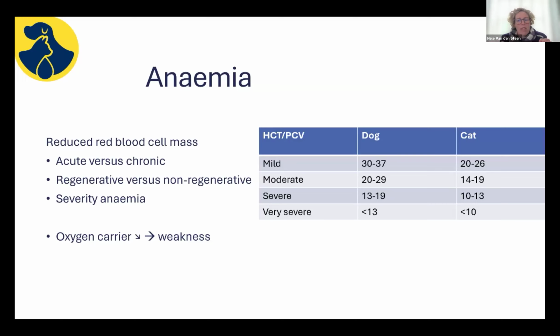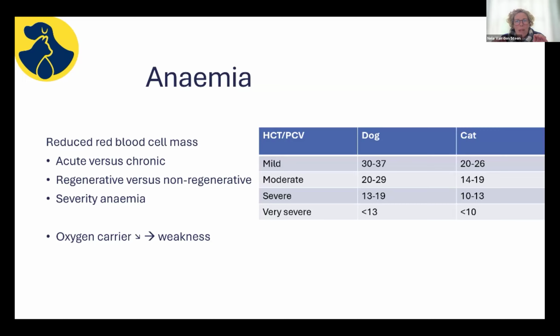Okay, so we want to differentiate acute versus chronic. We would like to differentiate, which we're going to do in a minute, regenerative versus non-regenerative. And then we want to have a look at how severe this anemia is. I've put some figures, obviously compared with a normal reference range, in that table.